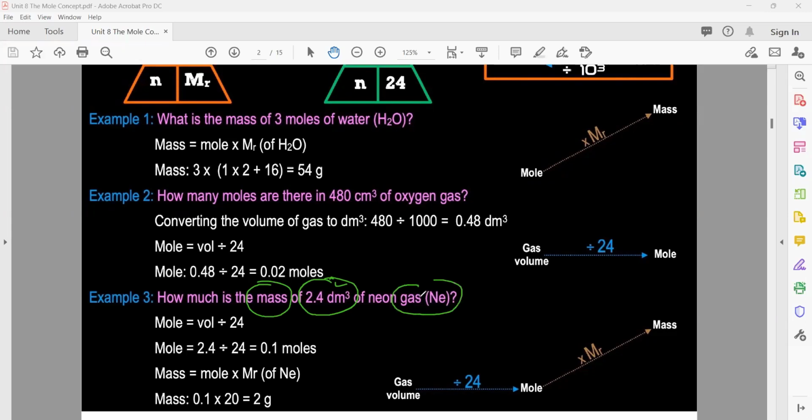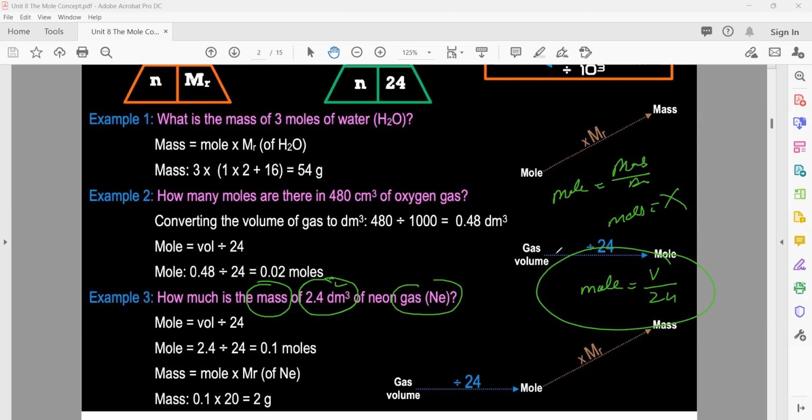So first of all, you will find the moles, because if you see the gas formula, mole equals volume divided by 24. In this formula, mass is not there. Mass is in which formula? The formula mole equals mass divided by Ar. So it means in this question we use two formulas.